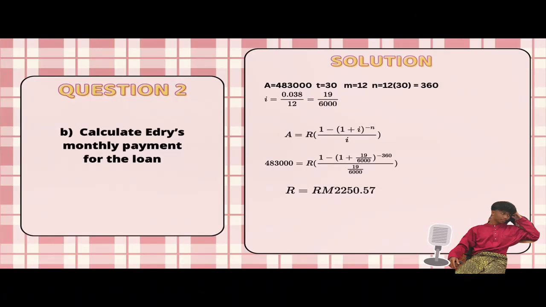After we calculate, we will find the value R, which is 2,250 ringgit 57 cents.